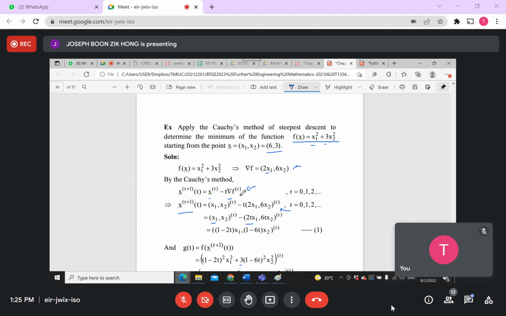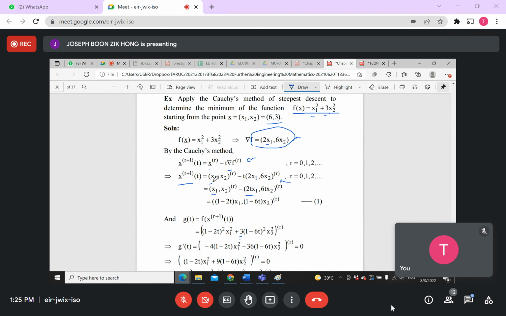Your xr is what? We don't put r first, we just put x1, x2. Then xr minus t times del fr. After that, we take out x1 minus 2tx1 here, and x2 minus 6tx2 here. This is your x1 r plus 1 in terms of t.